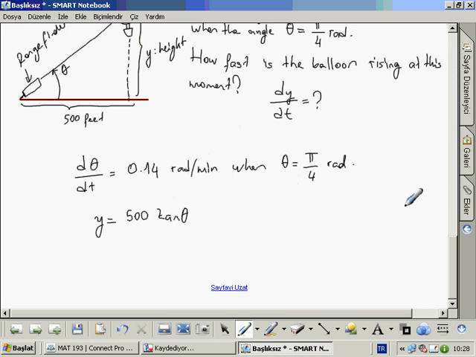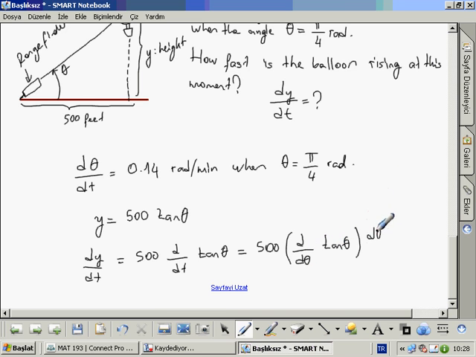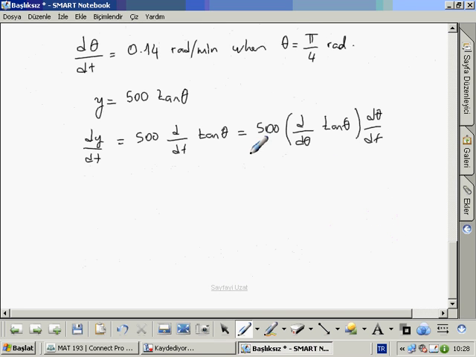This is the trigonometric equality, and del y over del t equals 500 times del over del theta of tan theta, times del theta over del t, and it equals 500 secant square theta del theta over del t.